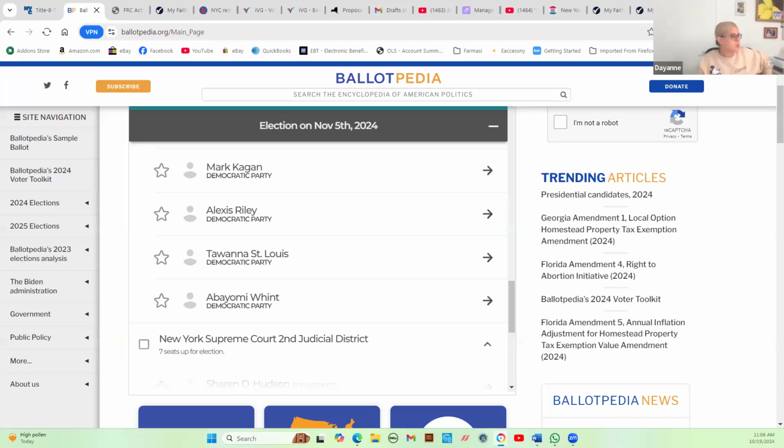A no vote opposes adding language to the New York Bill of Rights to provide that people cannot be denied rights based on their ethnicity, national origin, age and disability, or sex, including sexual orientation, gender identity, gender expression, pregnancy outcomes, and reproductive health care and autonomy.